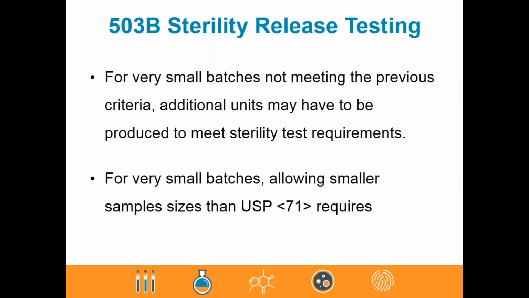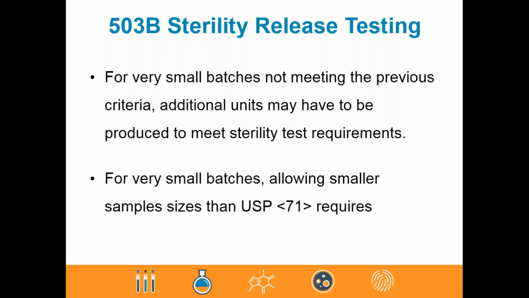So for the 503B draft guidance says that on these very small batches, if you didn't meet the previous criteria of less than 10 for a single patient with a prescription, then you may have to make additional units to meet the sterility test requirements, right? So some of the sterility tests may require 4 units. If you didn't even make that many, it's saying that you may need to make additional units so that you can meet the requirements.